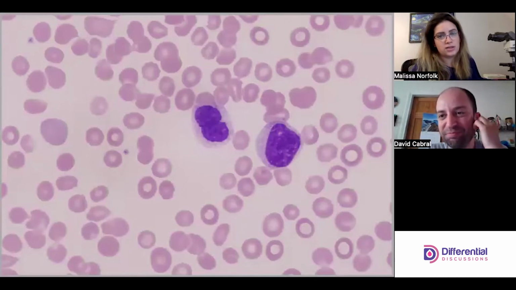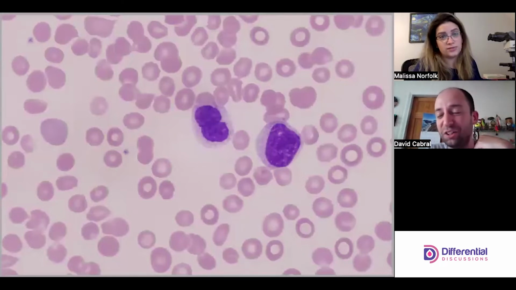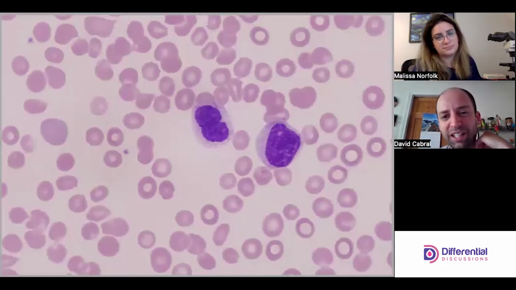His nuclear chromatin pattern is not where it should be. Right. It still looks pretty immature for where he's at. The cytoplasm is light, but the cytoplasm tracks with a more mature kind of cell, I guess. Yeah. It's goofy, but I guess I'd call it a neutrophil.